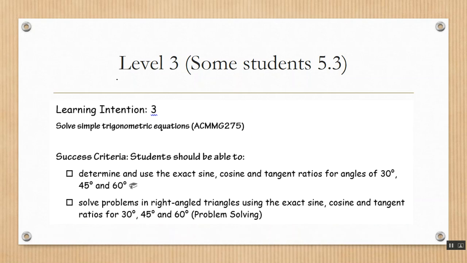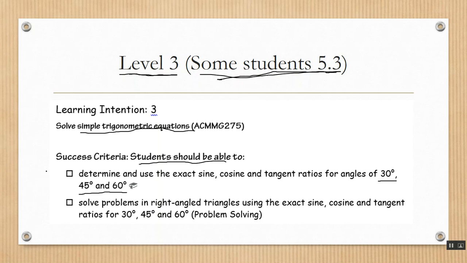So for level 3 now, we expect some students to be able to do 5.3 work. Not everybody. The learning intention is to solve trigonometric equations, and students should be able to determine and use the exact sine, cosine, and tan ratios for 30, 45, and 60-degree angles.